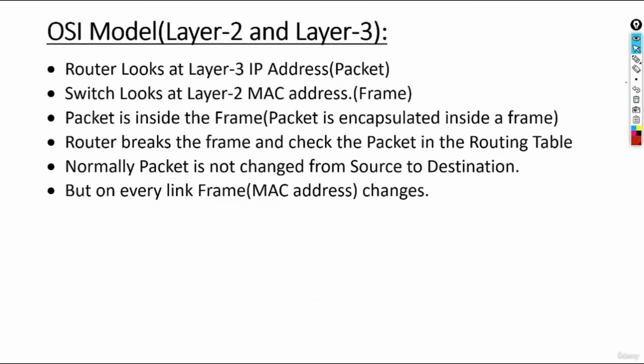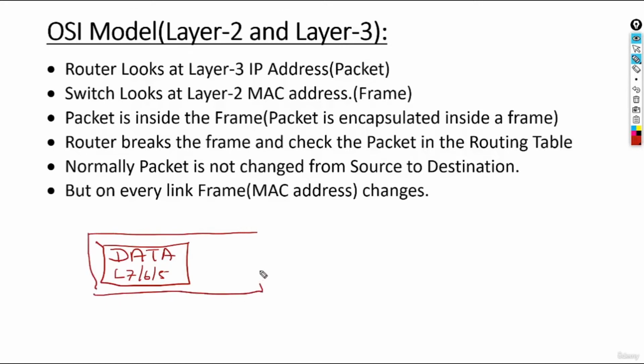Now we are going to see the OSI reference with routing. But before that, let's draw the entire OSI model at a high level. So remember, there is data. The OSI model has data at layer 7, layer 6 and layer 5, and data is encapsulated inside a segment. Segment is at layer 4. So this is data to segment at layer 4.